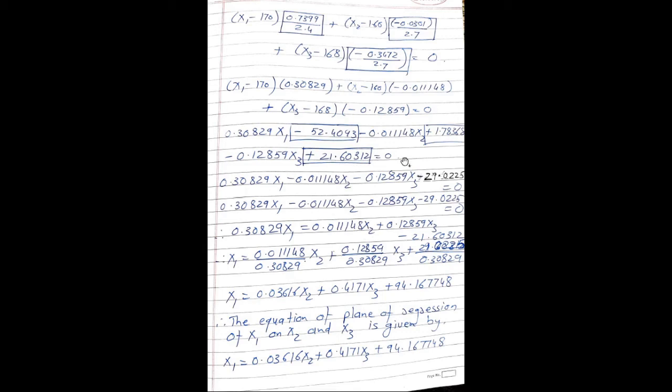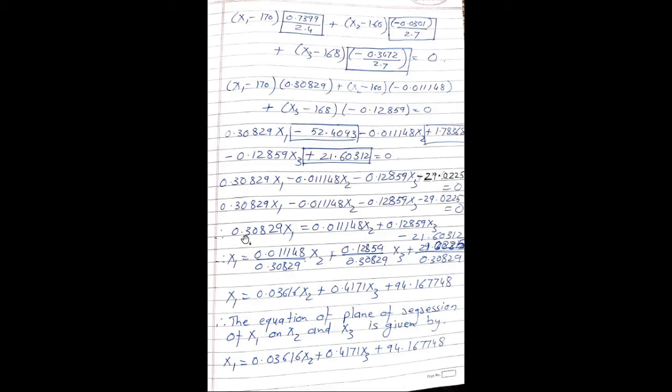So we will take the constant terms together and rewrite the equation as 0.30829x1 minus 0.01148x2 minus 0.12859x3 minus 29.0225 is equal to 0. So we will keep 0.30829x1 on left hand side and take the remaining terms on right hand side of the equation.